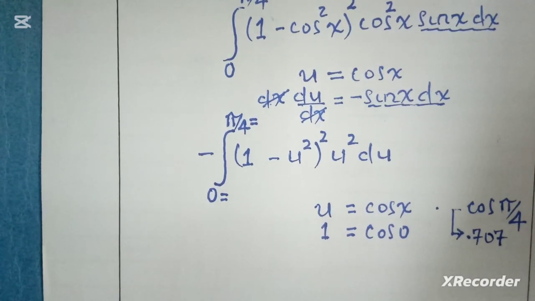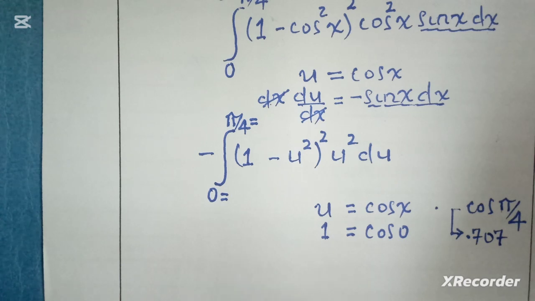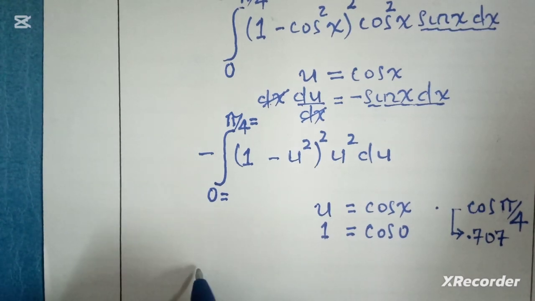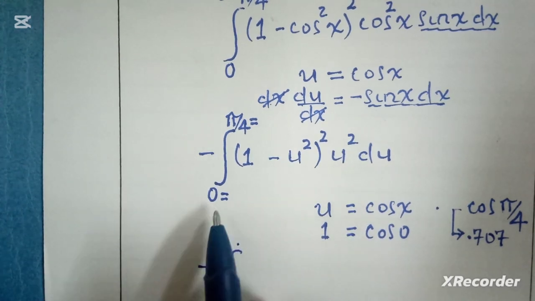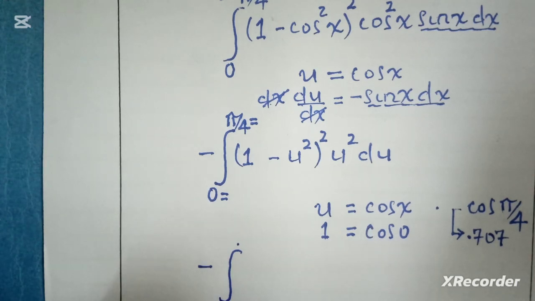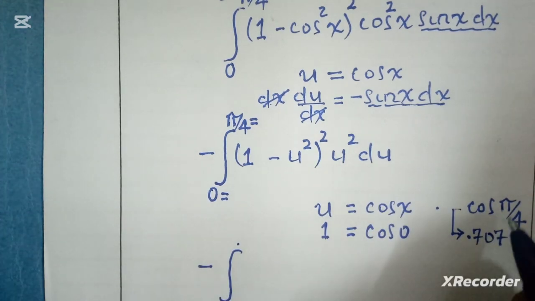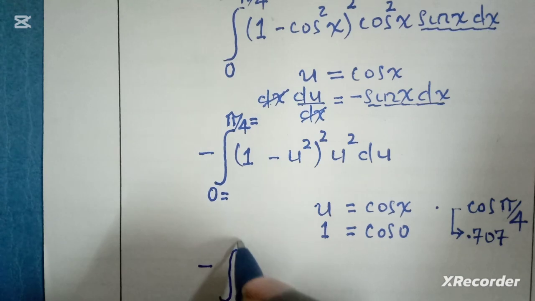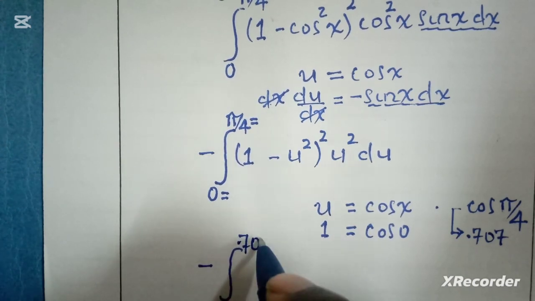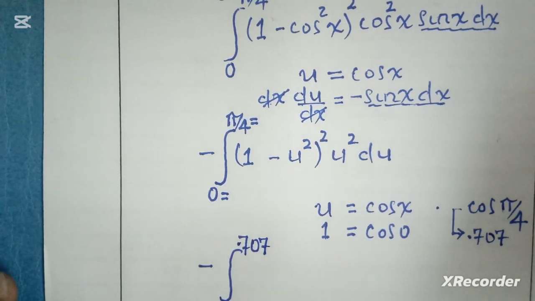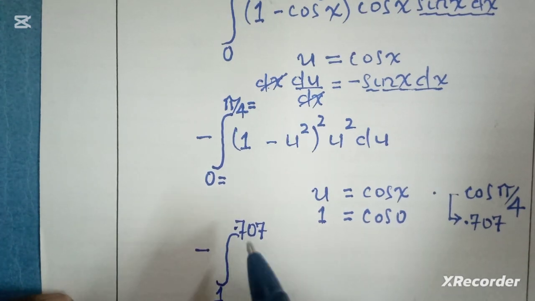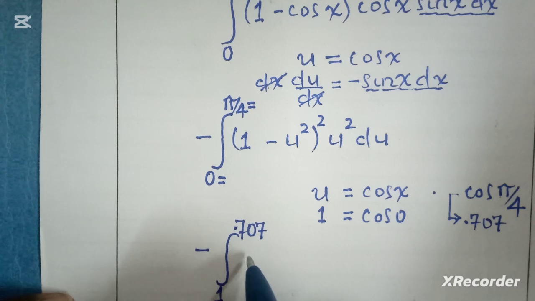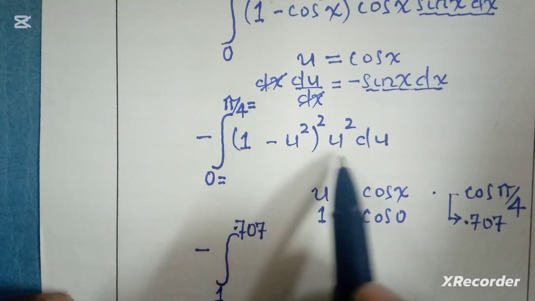So now guys, we can now have everything in terms of u. So right now, write that minus, then we have 0 is equals to 1 now, while pi over 4 is 0.707, like that. And so guys, here we shall have now to do that.